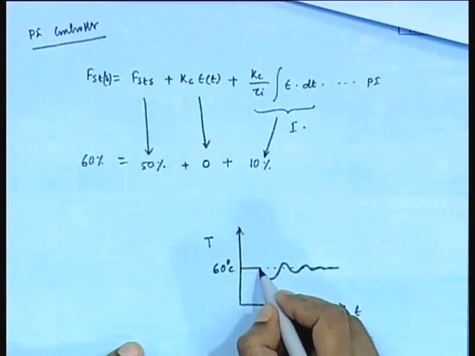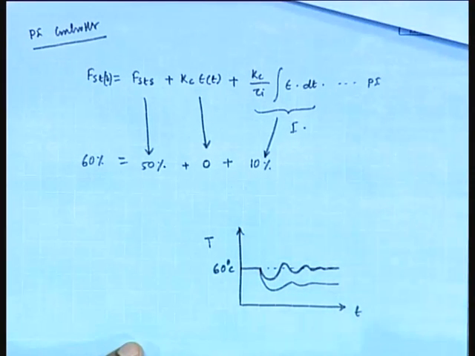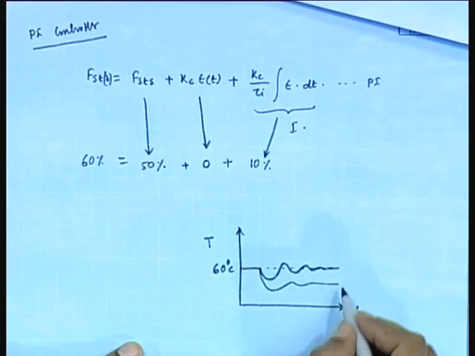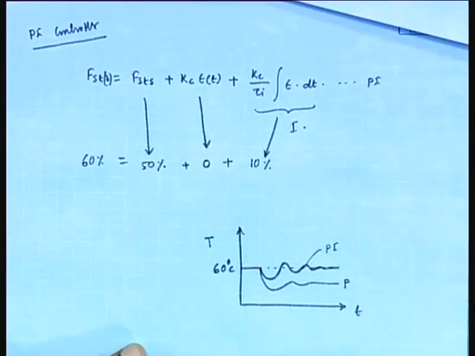I mean the process under PI controller remains at steady state temperature, but for the case of P only controller there is an offset. So, this is the process response under P controller and this is the process response under PI controller, fine.